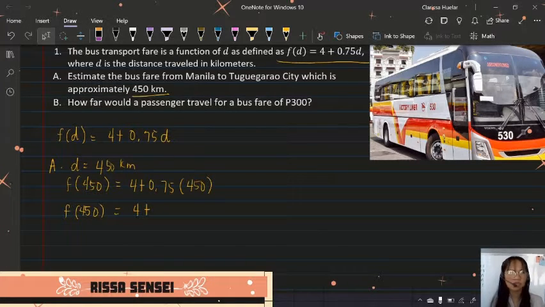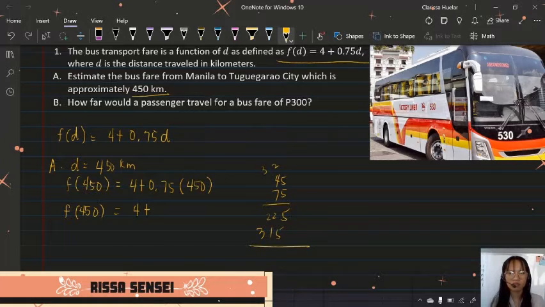4 plus 450 times 0.75, so that's times 3/4. Hindi siya divisible by 4, so let's multiply na lang as is. 45 times 75, so that's 25, 22, 35, 3, so that's 28, 31.